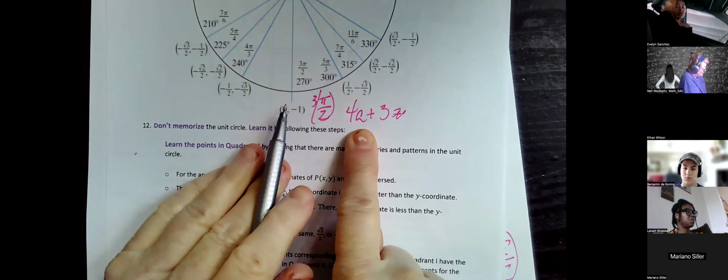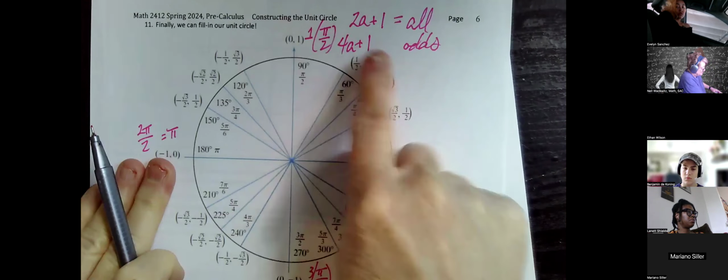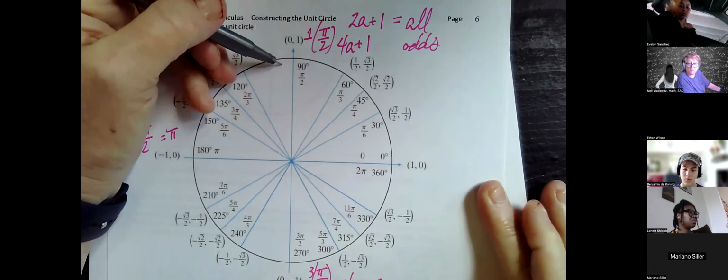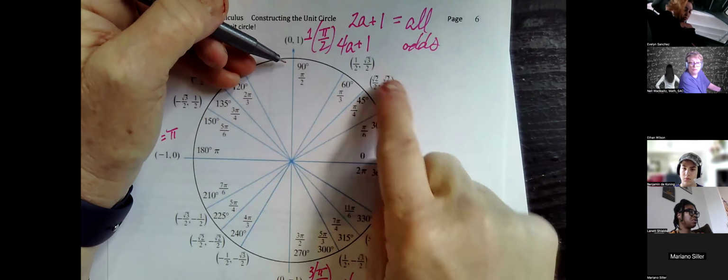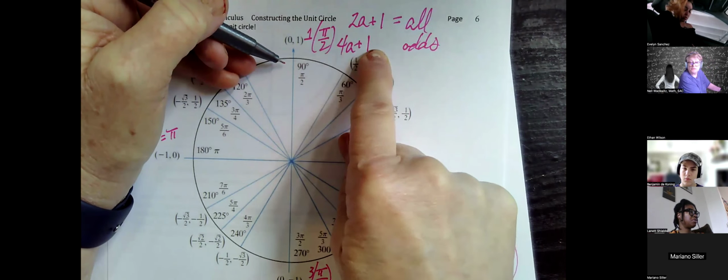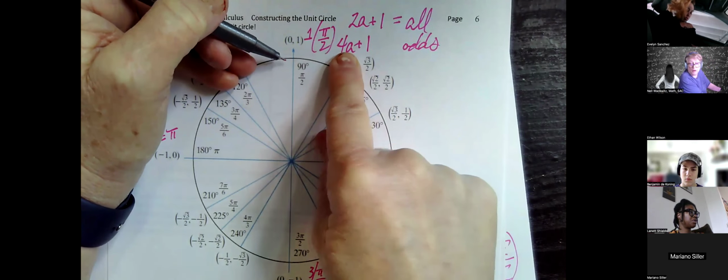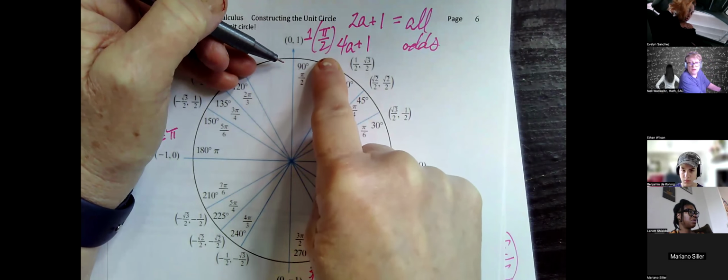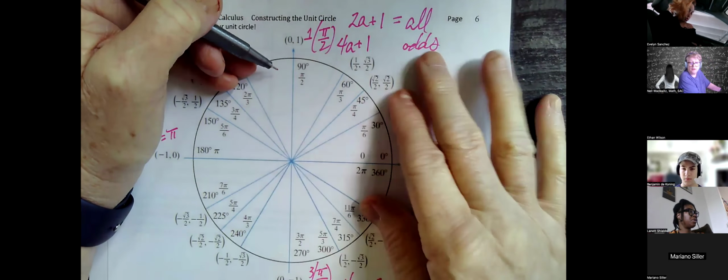The number out front: if a is 0, we get 3. If a is 0, we get 1. Every single top value will be of the form 4a plus 1. So if a is 1, we get 5, and 5 pi over 2 is going to be up top.